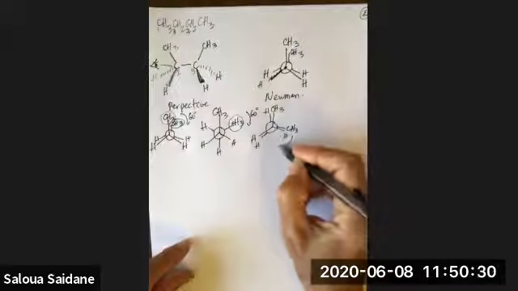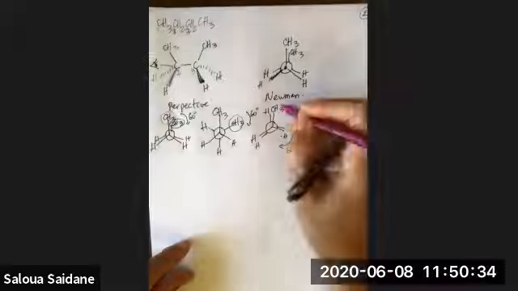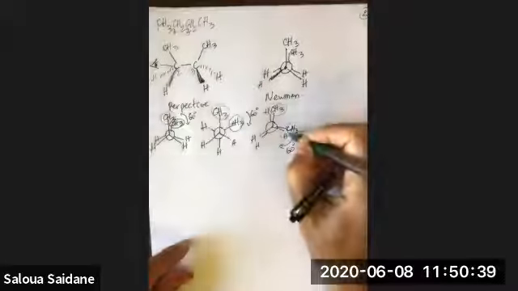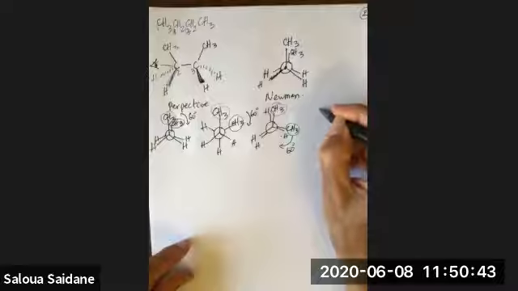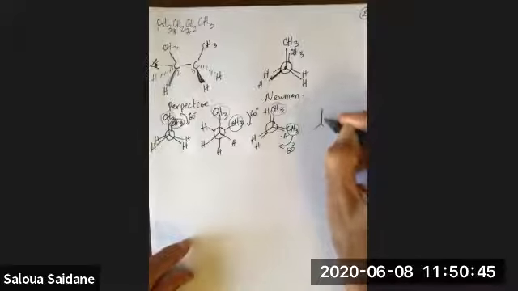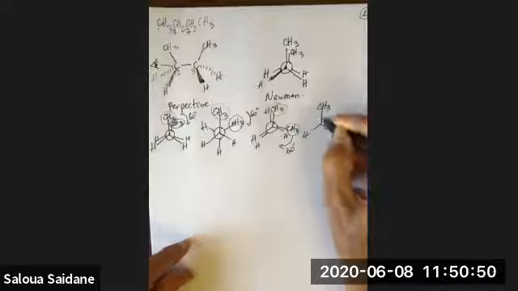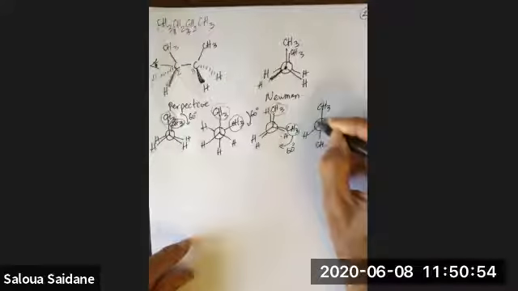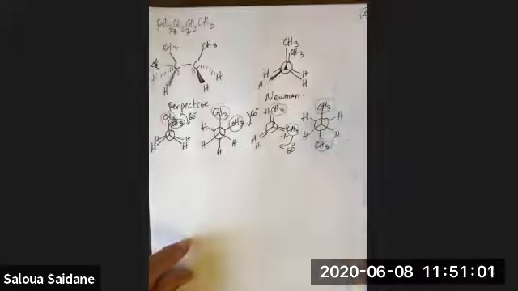Sixty degrees later, I'm going to keep focusing: the pink is still in the same position, and the green is the one rotating. Sixty degrees later, we get this. So the front is still CH3, H, and H, and in the back, the CH3 is now down here, and then H, H. The front is still the same position, and the green keeps rotating.